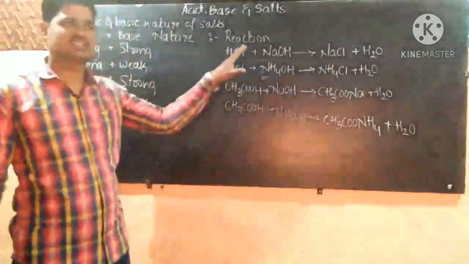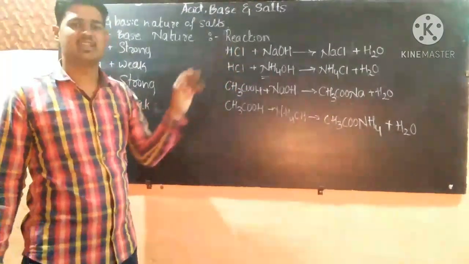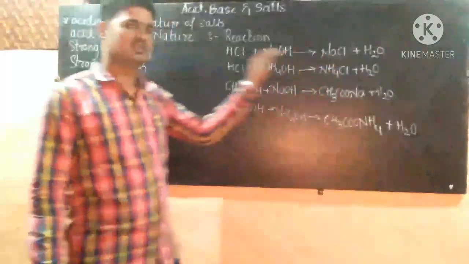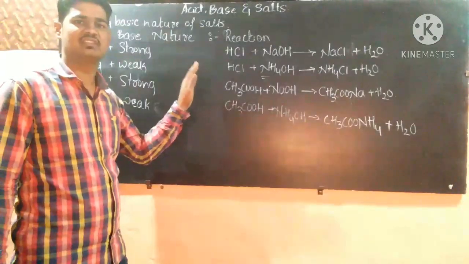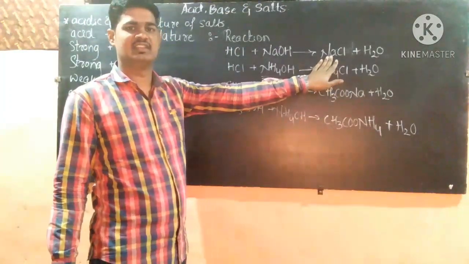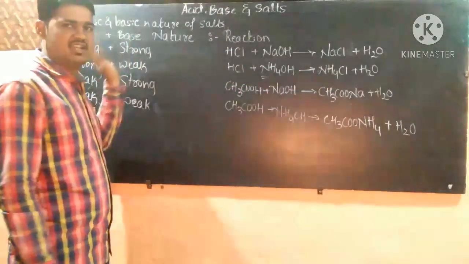In these reactions we confirm how acid and base react with each other to produce salt and water. The acidic and basic property of the salt produced in a neutralization reaction mainly depends on the strength of the acid and base.